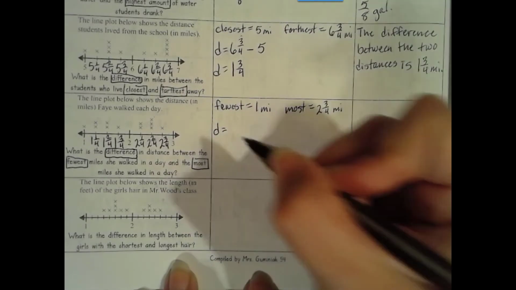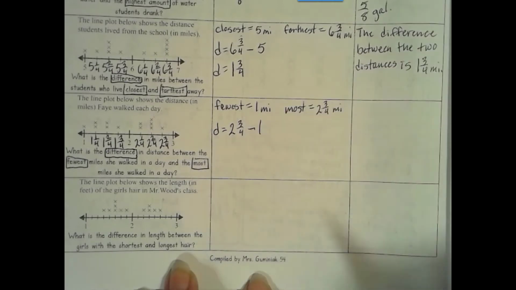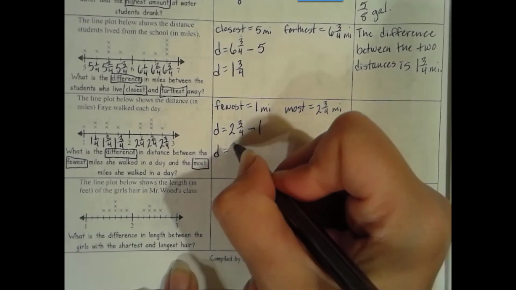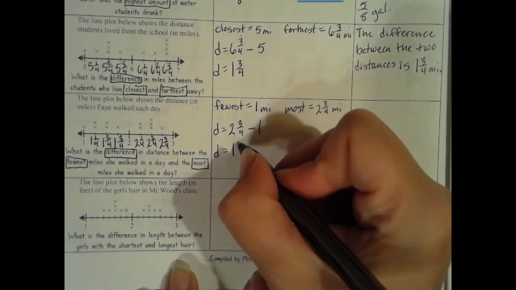So our difference between the most and the fewest. Okay, well, whole number take away whole number. 2 take away 1 is 1. Fraction take away no fraction stays the same.